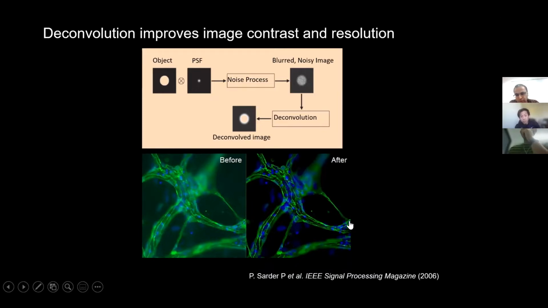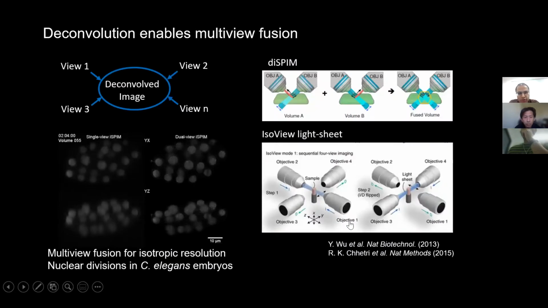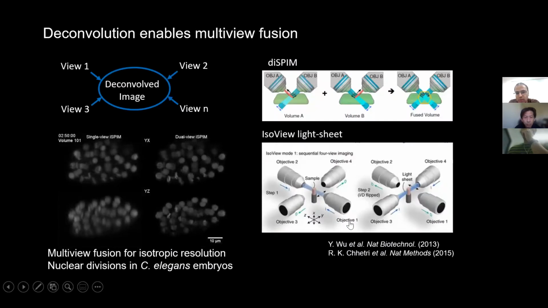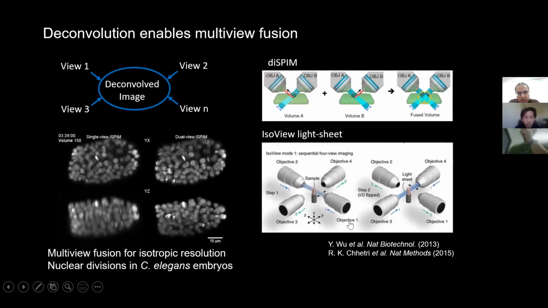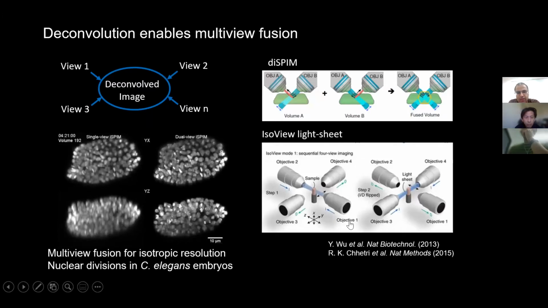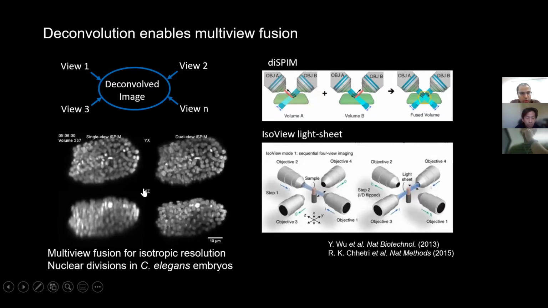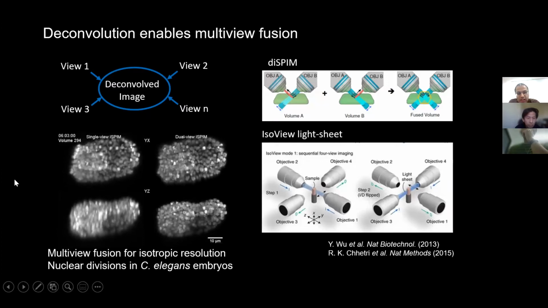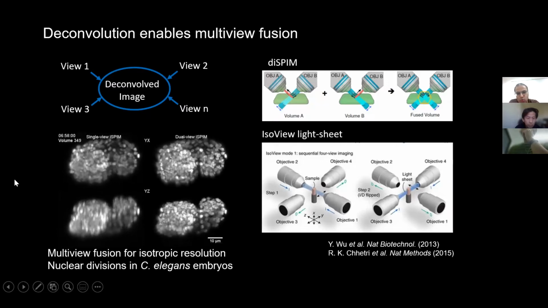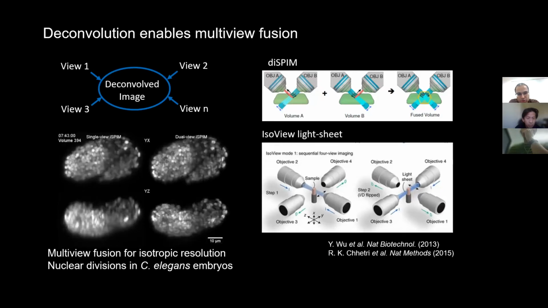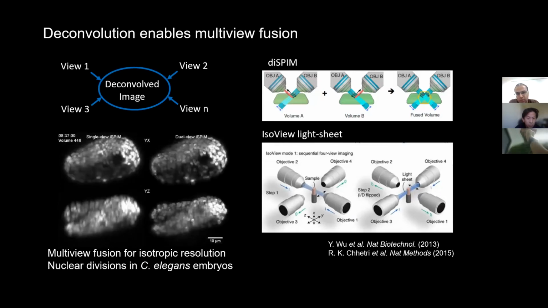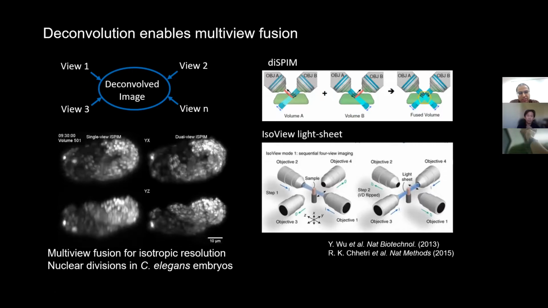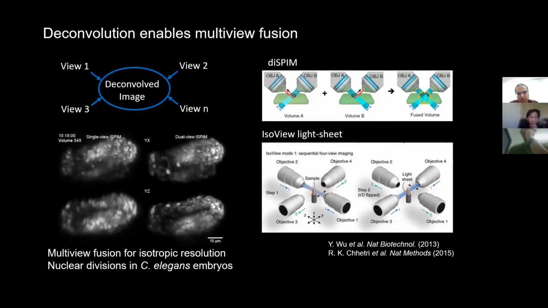Now, deconvolution can be used to improve the raw data acquired by a confocal or wide field microscope, but it also can be used in these more complex multiview microscopes. So some years ago, we invented this dual-view light sheet microscope, or diSPIM. You can see in this image of a worm embryo with nuclei, if you image it from just one view, then the axial resolution is always worse than the lateral resolution, because the objective lens collects fewer spatial frequencies along Z than in XY.